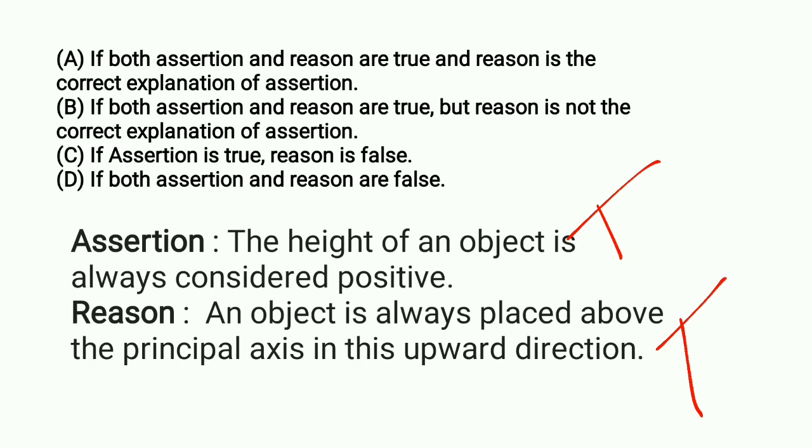And the reason is the correct explanation of the assertion, which means option A, both the assertion and the reason are true, and the reason is the correct explanation of the assertion. Yes, it is right, because the object is always placed above the principal axis in the upward direction. So for that reason, the height of the object is always positive. So option A is the correct answer.